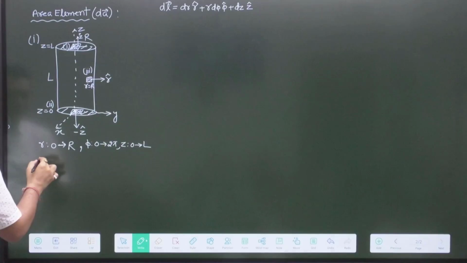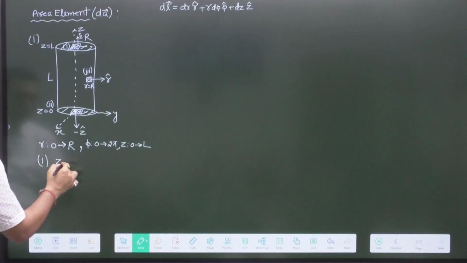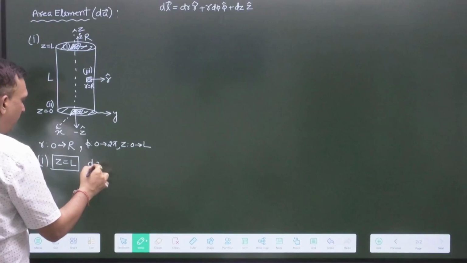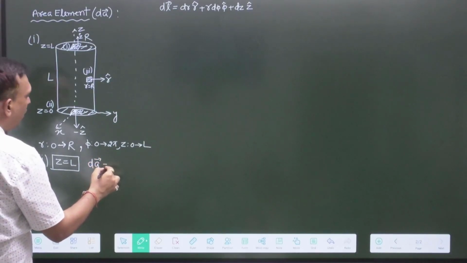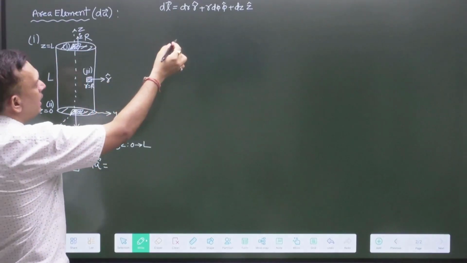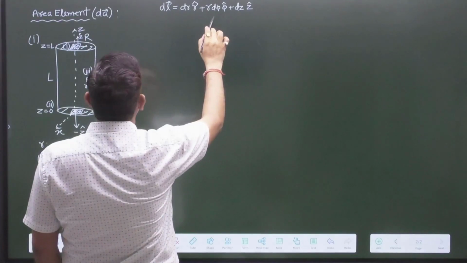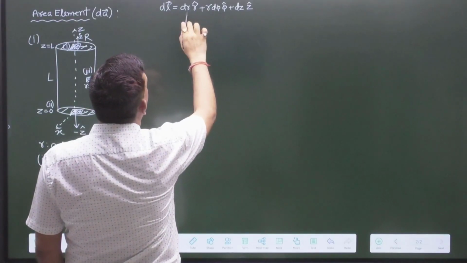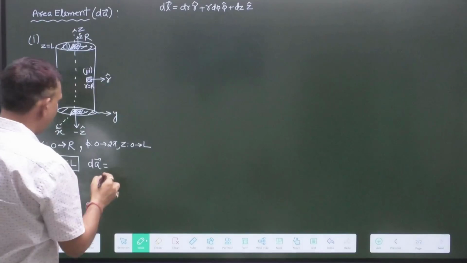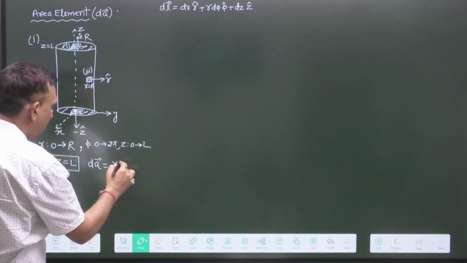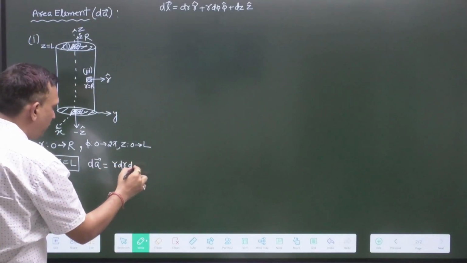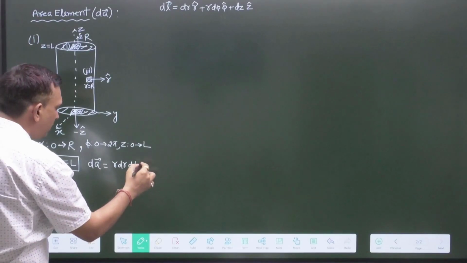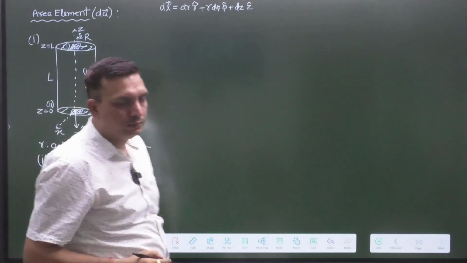Now what will be dA for surface 1? Surface 1 is the z is equal to L surface. On this surface the variables are r and phi. So dA will be r dr d phi, and the direction will be z cap.